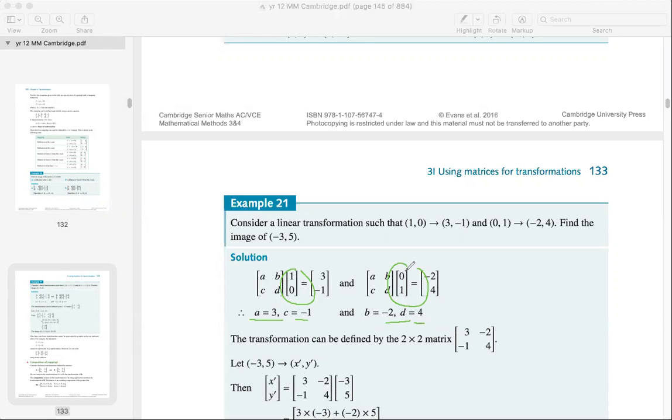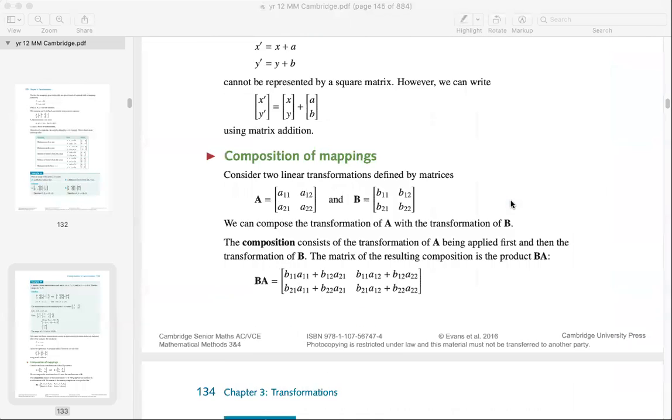So first we need A times 1 equals 3, and B times 0 is 0, and the next one is C times 1 plus D times 0. So that's how we know A and C. And again, for the next one, that's how we know B and D. So this is the key step here. Make sure you understand this one and use it as much as you can.